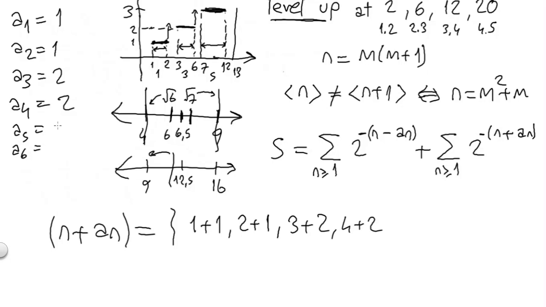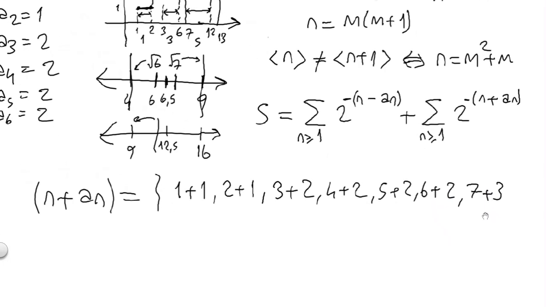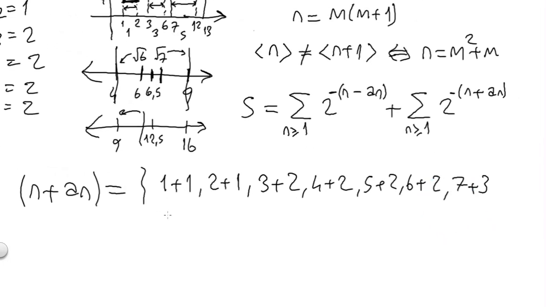It's 2 up to here, up to 6, we just figured that out. So it's just gonna be like 4 plus 2, 5 plus 2, 6 plus 2, and we level up at 7. This is 7, and this thing is just gonna be 3 plus 3. So it will just go like this. And now if I just take this value, so this goes like 2, 3, 5.